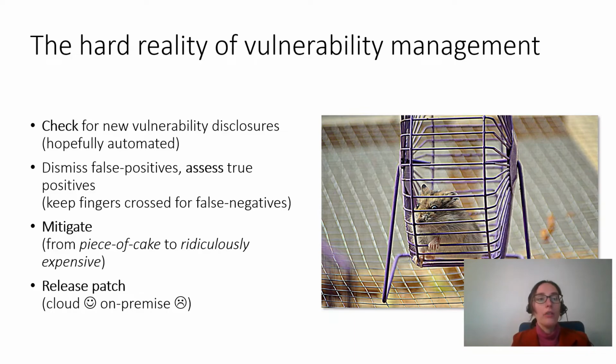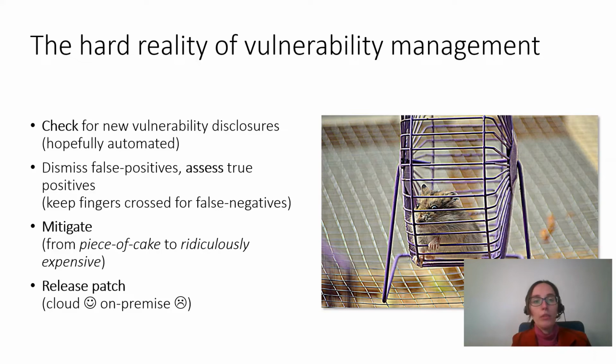Then the findings need to be mitigated, which can be easy when a simple update is possible, but it could be very expensive when, for example, a patch is not available or there is a major release update that requires to change the application in multiple ways and in multiple places. And once the mitigation is in place, the patch can be released for the overall application, and to put this in place, again, can be easier in the case of cloud environments, but can be expensive yet again for on-premise solutions.